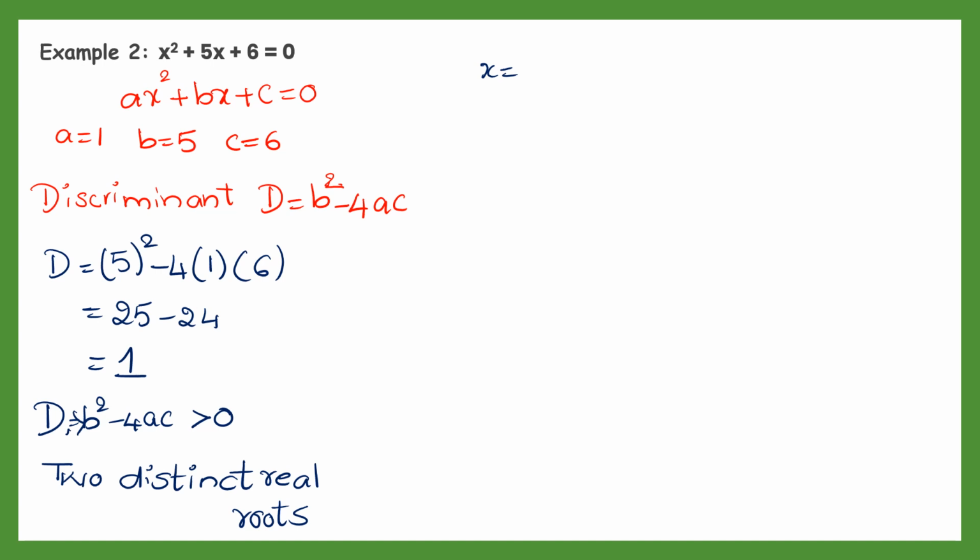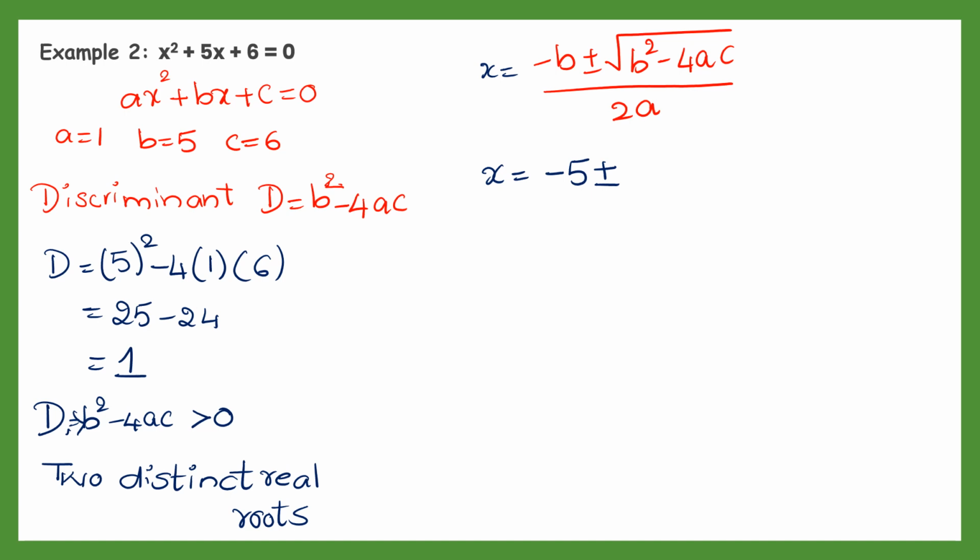The quadratic formula is x = (-b ± √(b² - 4ac)) / 2a. So x = (-5 ± √1) / 2a, where a is 1.